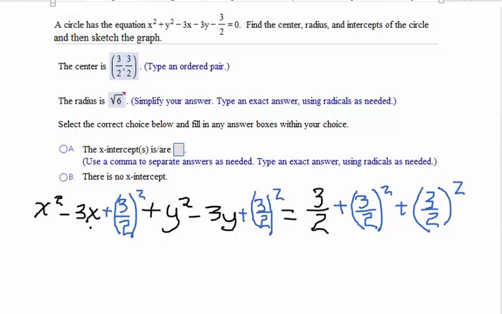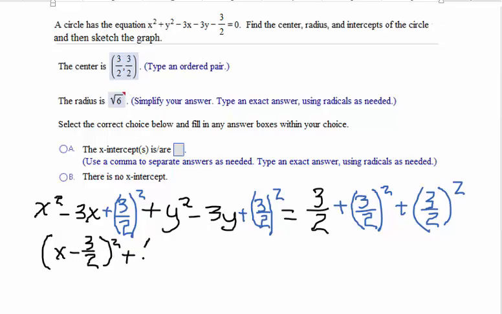All right, so this factors into the square of x minus 3 halves on the left with respect to the x terms. So the perfect square trinomial in x factors into the square of x minus 3 halves. And notice the sign of the coefficient of the x term is the sign that goes in this binomial.